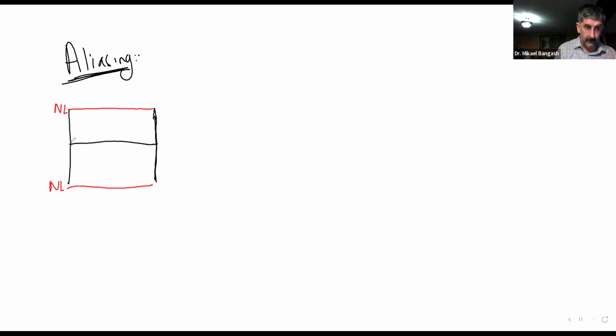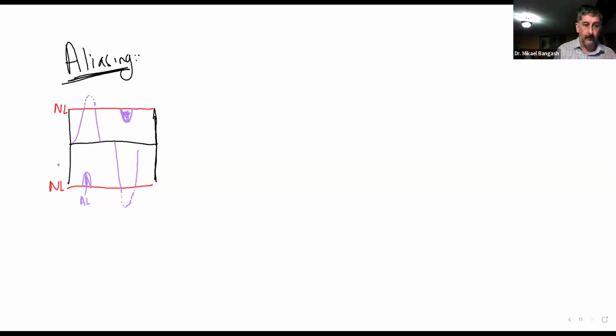Which mainly would have been either this missing part here becomes aliasing, or on the other hand, this missing part here becomes aliasing.